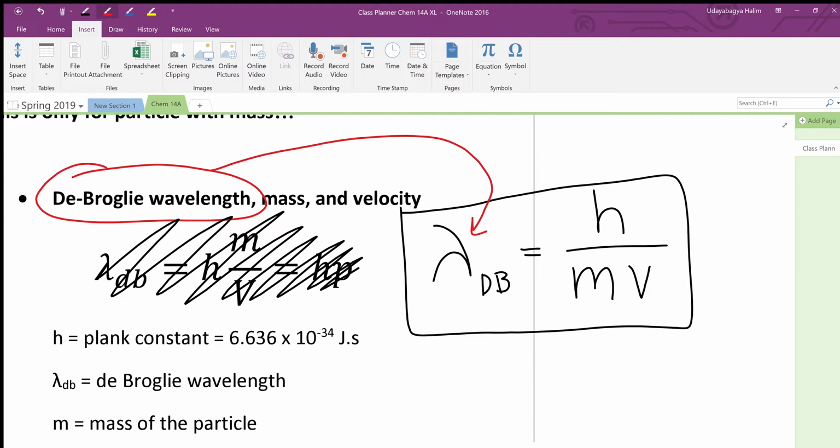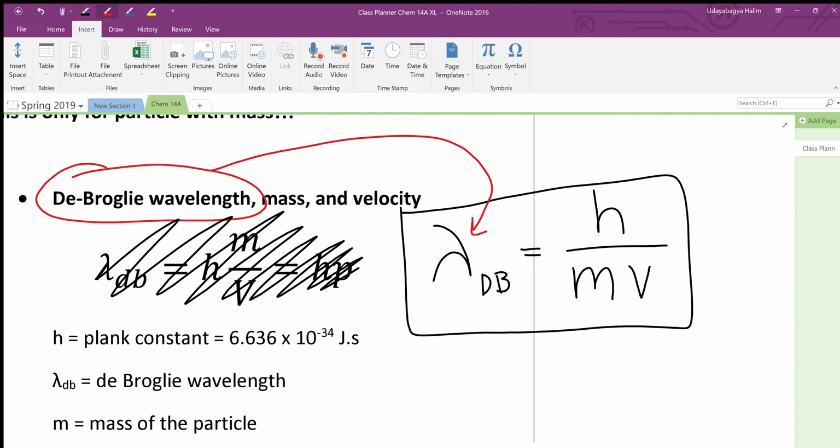Usually I put a little subscript here, but sometimes if you're doing problems, people don't put in the de Broglie or dB subscript. So I just want you to know, if an object has a mass and it's not moving at the speed of light, so electrons have a mass and do not move at the speed of light, my cup does not move at the speed of light and it has a mass, we need to use this particular equation for the wavelength.